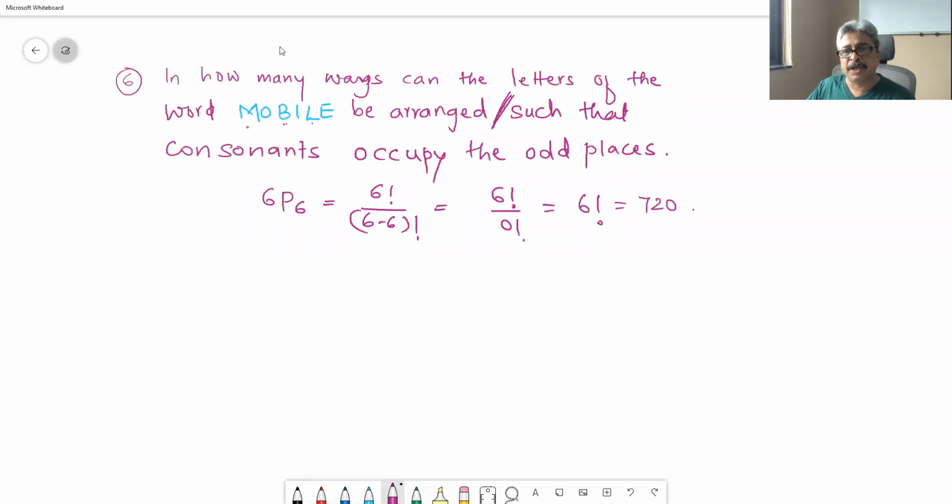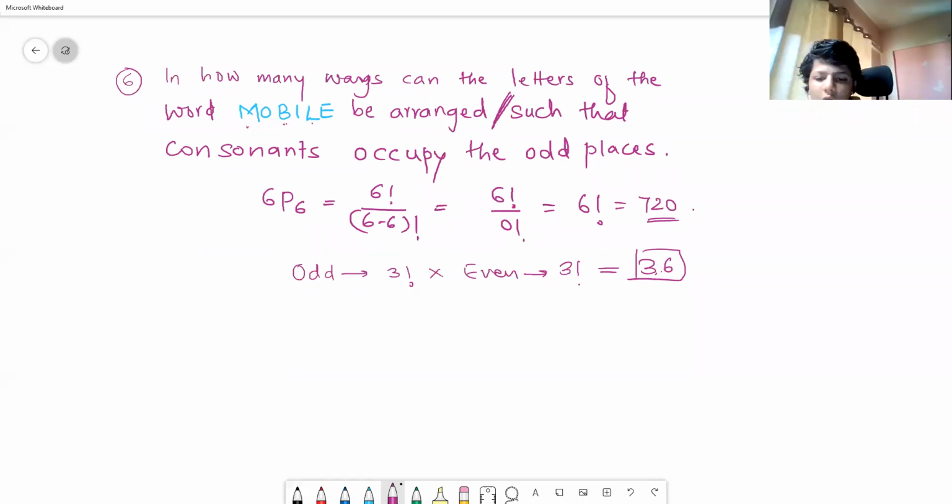Wait for a couple of minutes. 3 consonants can be permuted in 3 factorial ways, that is 3P3 ways, and the vowels in the even places also 3P3 ways, which makes it 6 into 6, 36. So out of these 720, 36 arrangements have the consonants at odd positions.